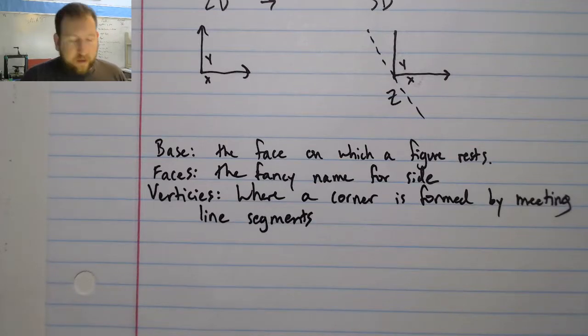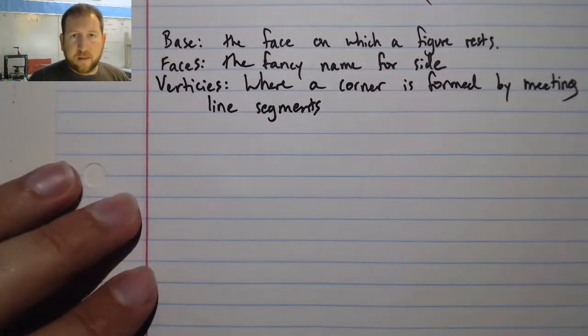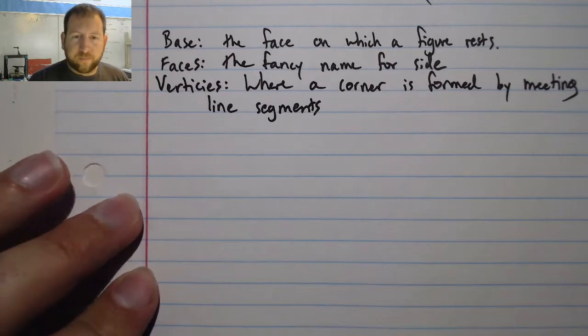So let's take a look at some examples. We're going to do some drawing, and we're going to be writing about what exactly has.